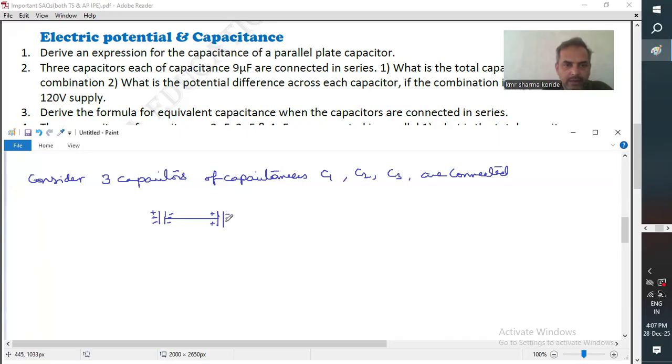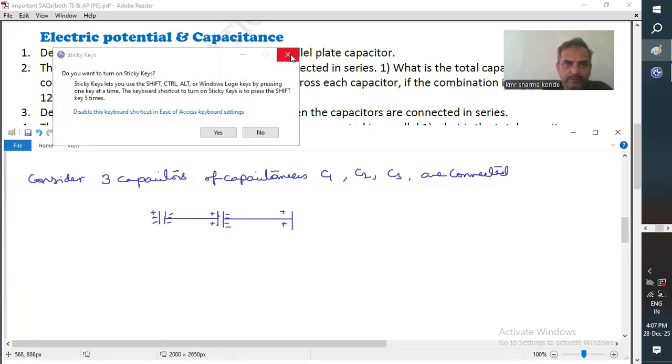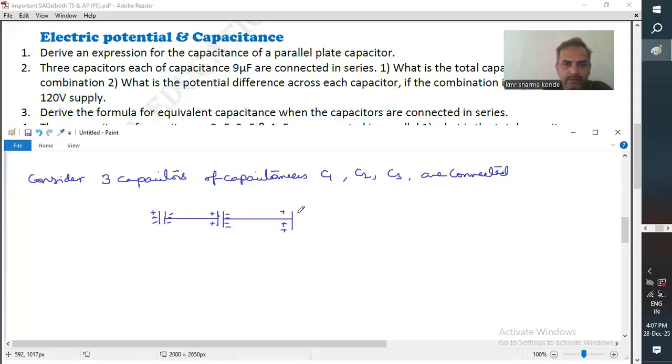Similarly, the negative plate of the second capacitor is connected to the positive plate of the third capacitor. Like this, in case you take many, you can continue. And finally, the positive plate of the first capacitor and the negative plate of the third capacitor are connected between the terminals of a battery, which can produce potential difference.